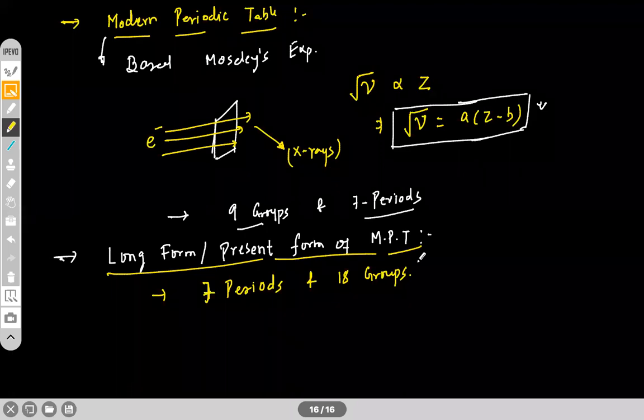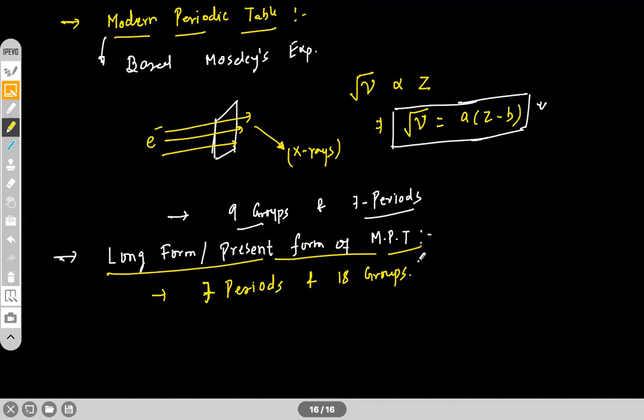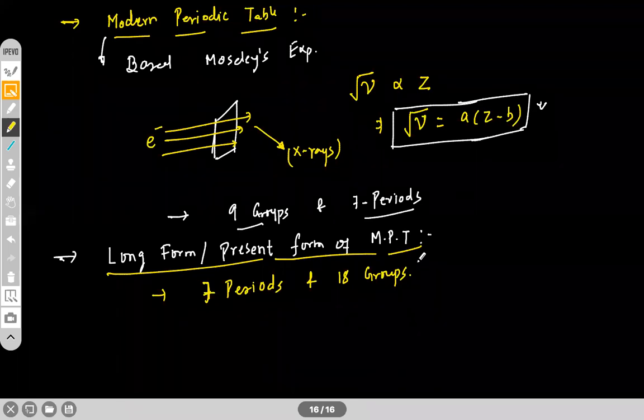These 18 vertical columns or groups, we name as first, second, third, fourth, fifth, group 13, group 14, 15, 16, till 18, like that.